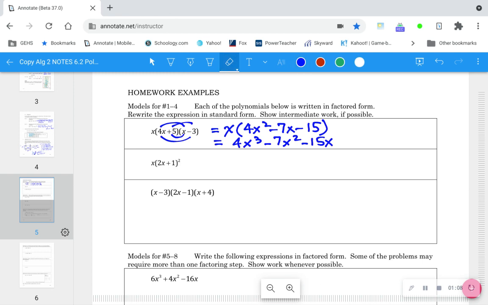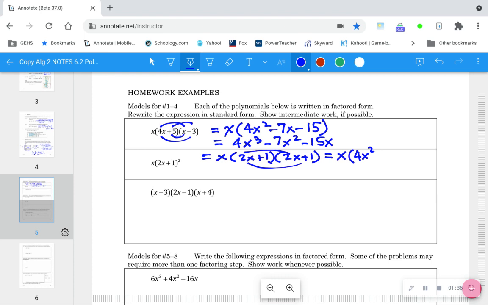Okay, on the next example, we have the quantity 2x plus 1 squared, and we want to write that out twice in order to FOIL that out. So 2x plus 1 times itself. That's the meaning of the little exponent in this case. And so that's going to be x in front, and we're going to multiply the first pair, gives 4x squared.